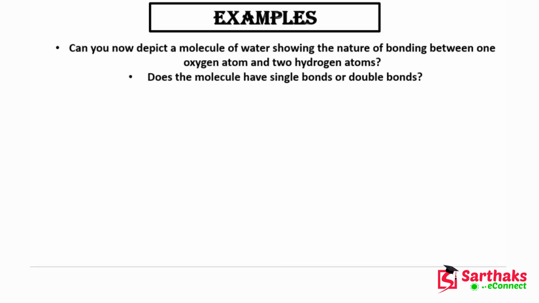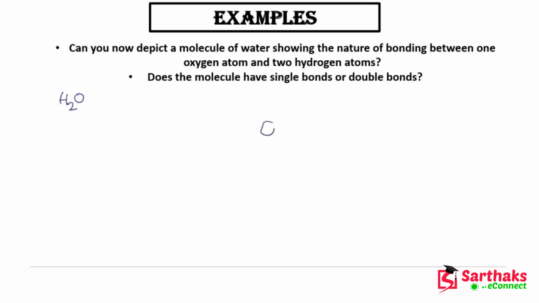We all know the chemical formula for water. This is H2O. Now if I draw the electron dot structure of water, you can see that two hydrogen atoms are connected with one oxygen atom. So how is this possible?